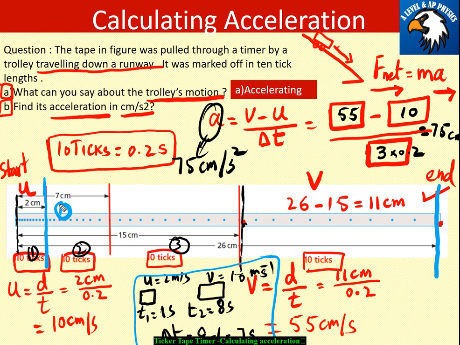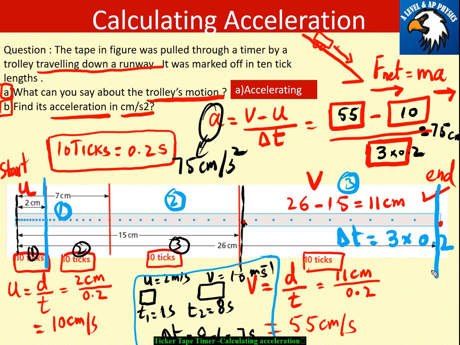We have one 10 ticks. How many here? Two 10 ticks. How many here? Three 10 ticks. So again, delta t will be equal to 3 times 0.2, means 3 times the time for 10 ticks. So this is how we can calculate. I hope it is clear to you.